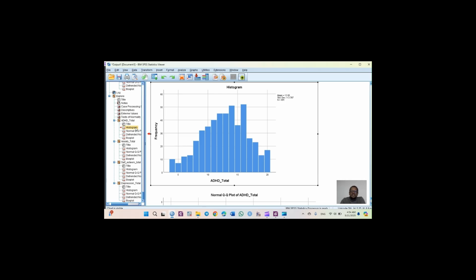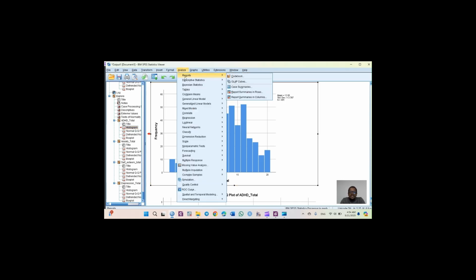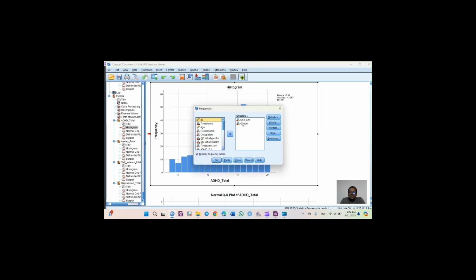Histogram is very important to decide whether the data is normally distributed, like whether it has a bell shape or whether there is skewness to the right or to the left. We can draw the bell shape, let me show you.